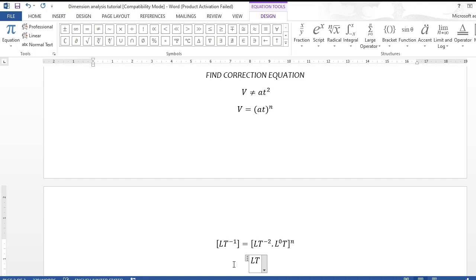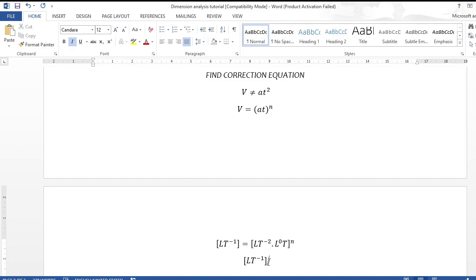LT to the power negative 1 is the dimension on the left hand side, and I'll evaluate the right hand side by multiplying first of all inside the bracket.